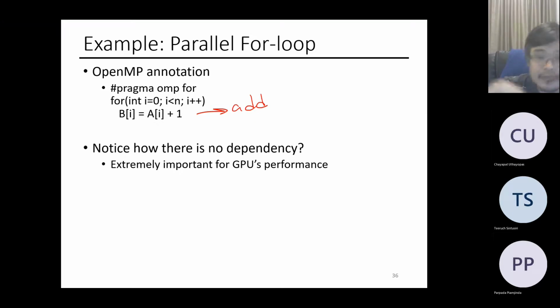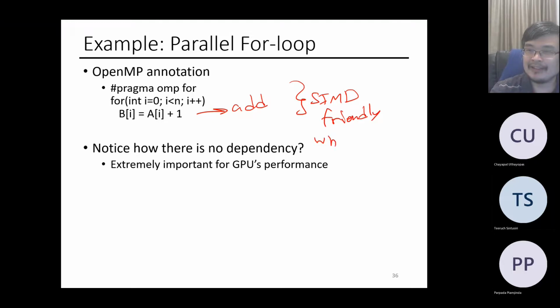This is actually really good for GPU performance because, first of all, there's no dependency. So everything in here can be done in parallel, right? So this is really SIMD friendly. Why?